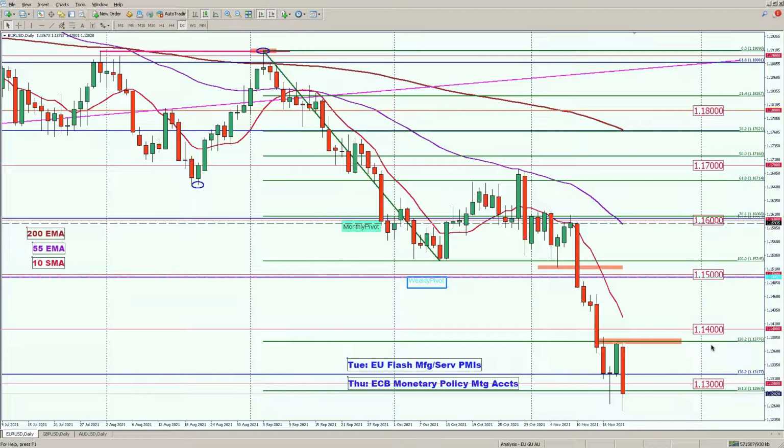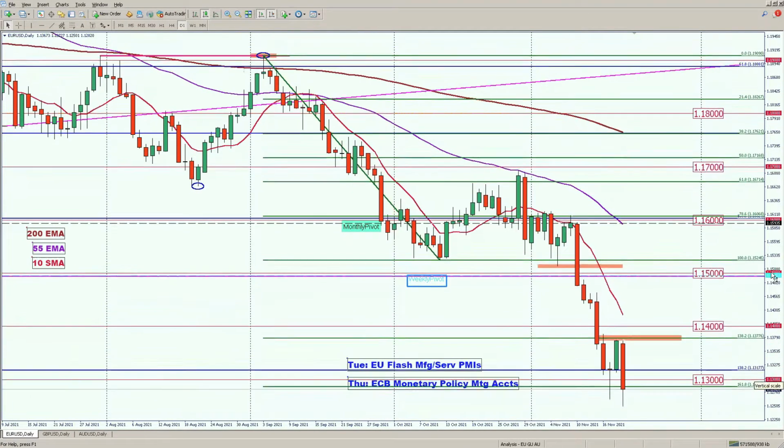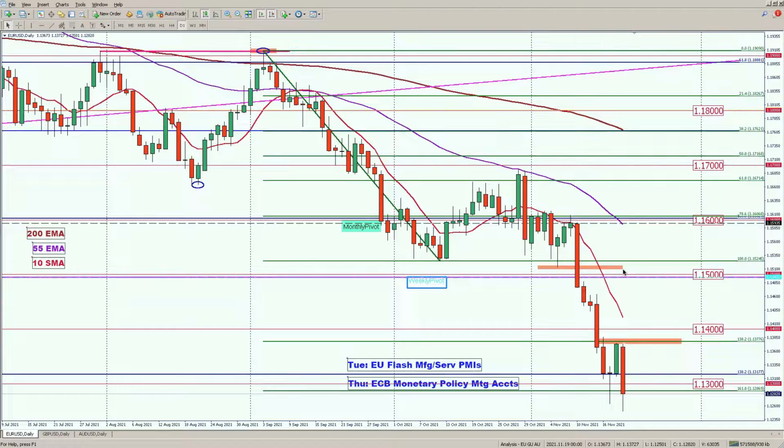Okay, and that's at 113.80 area. Okay, move this zone.